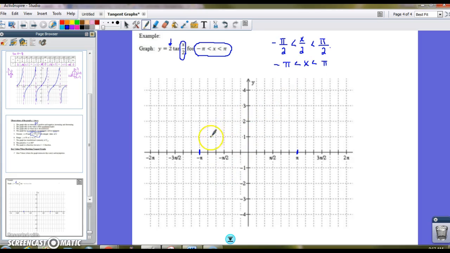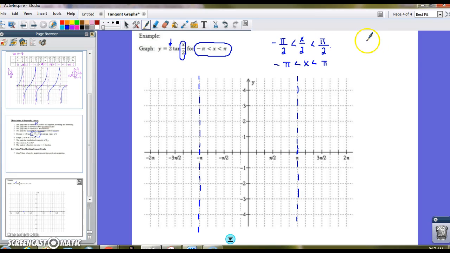So I know that the asymptotes then are going to be at negative pi and positive pi. Now, if this is confusing, you could just think about it like this.